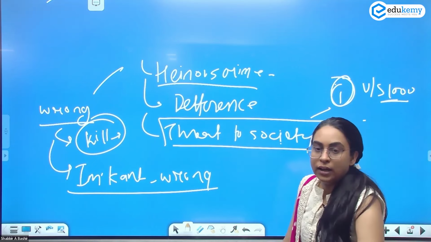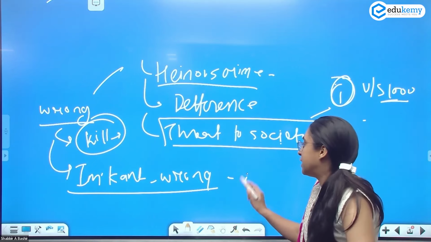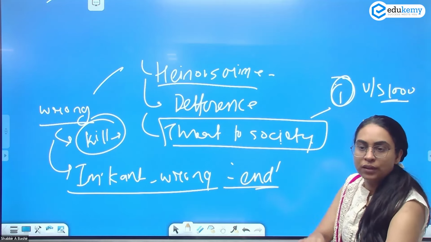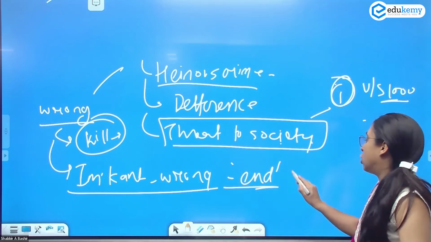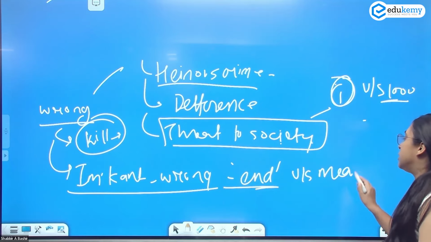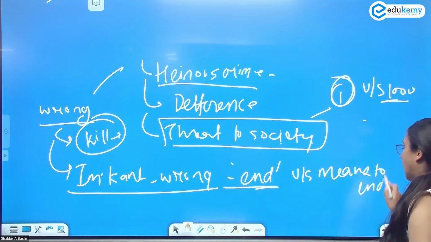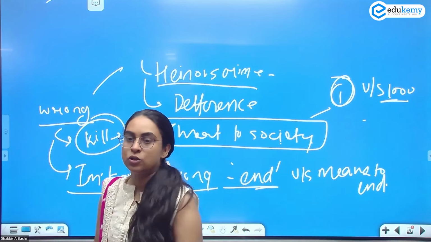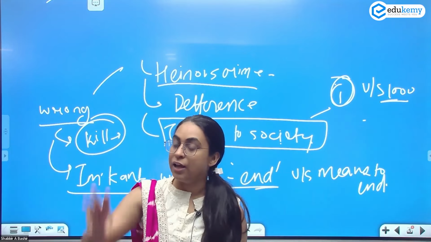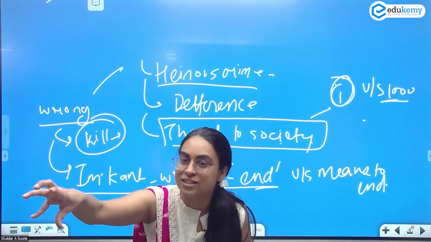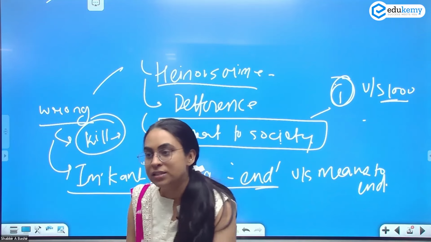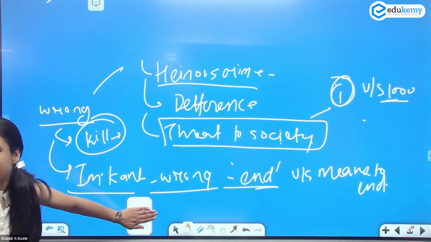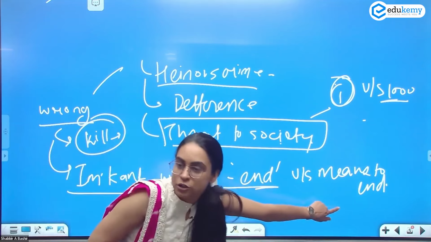Immanuel Kant बोलेंगे, a man should be treated as an end in himself. आप इंसान को as an end पकड़ो. It should not be considered as a means to an end. I want to create a deterrence effect. I punished her so that you keep quiet. I used her as a means for some purpose. Immanuel Kant says that a man should be treated as an end in oneself rather than as a means to an end.